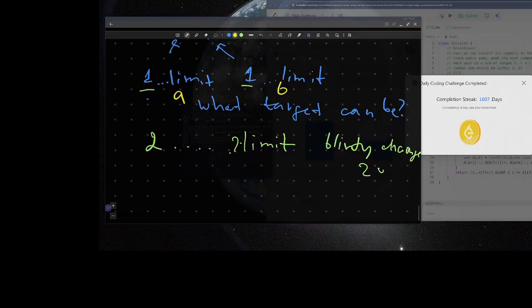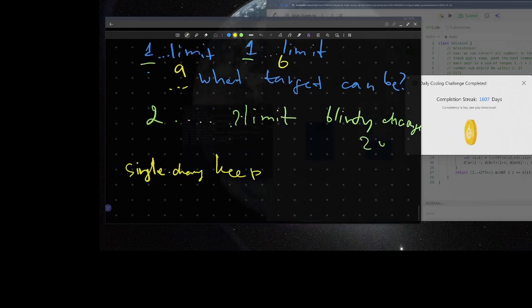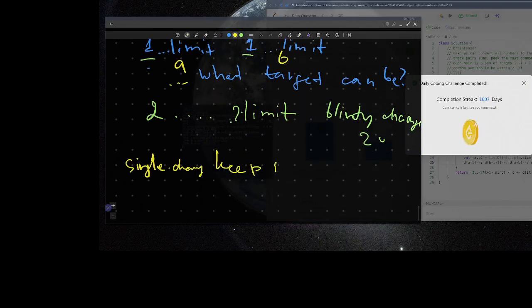And if we want lower sum, then we keep the smallest and change the biggest to 1.